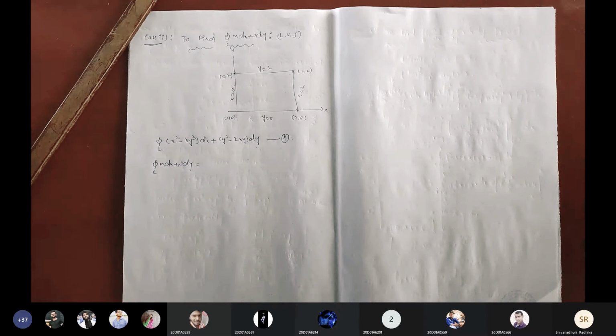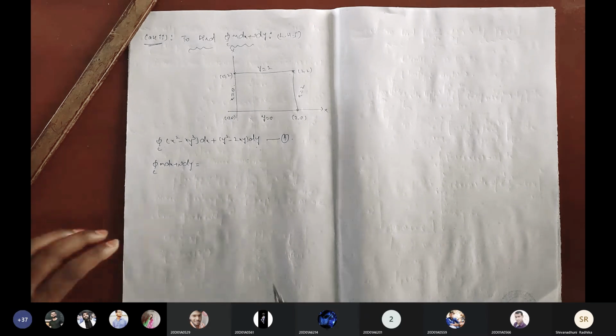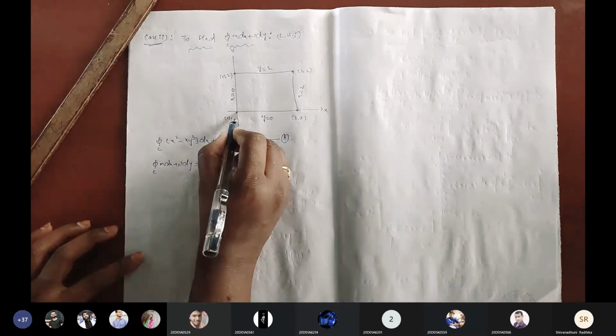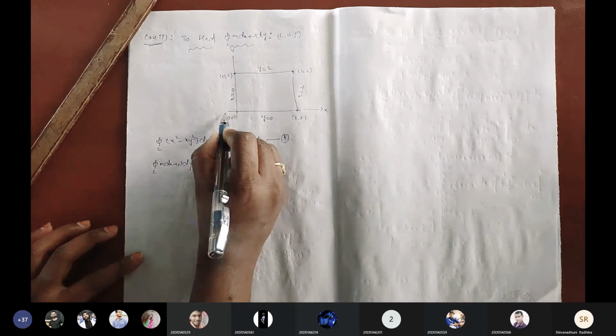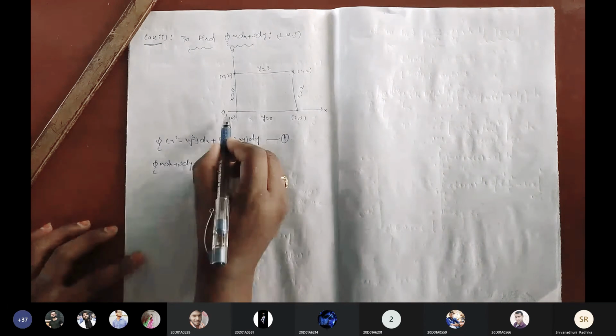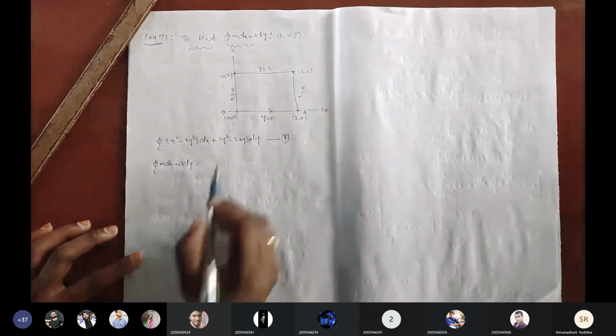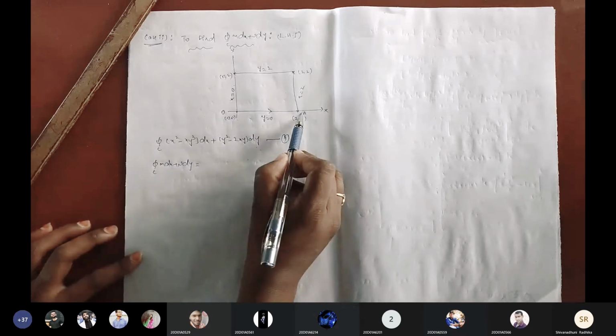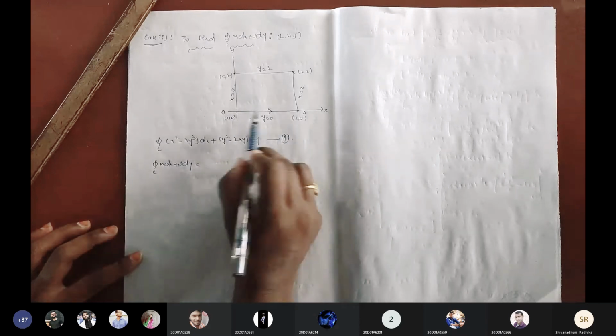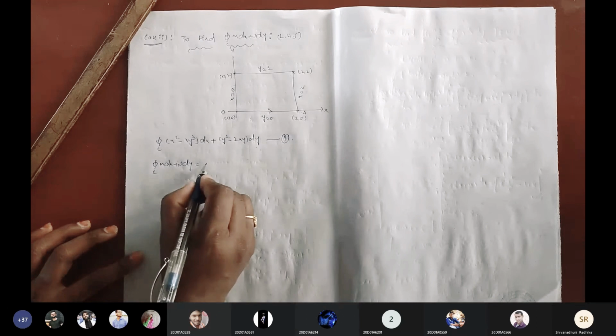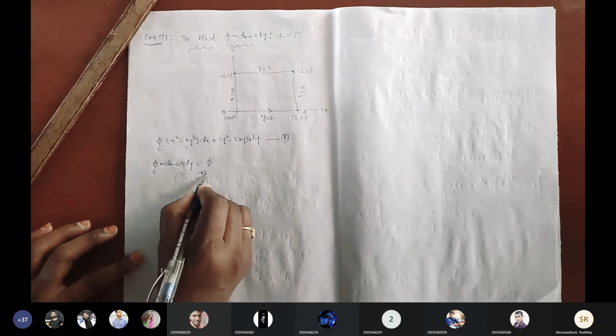So what is the traveling of the particle here? One particle starts moving from O to A. This is the first line. Along the OA, a particle is moving from O to A.